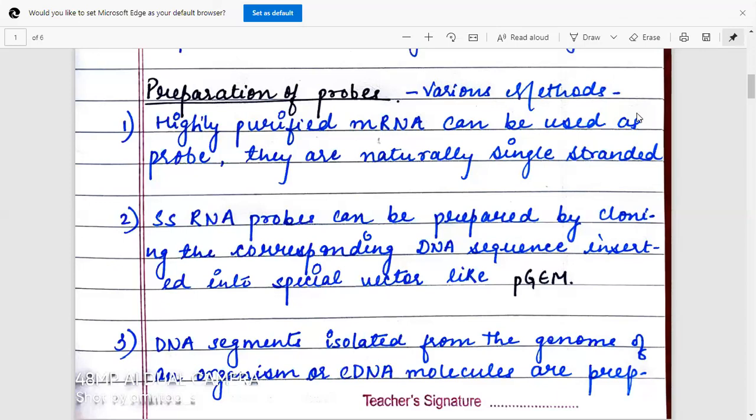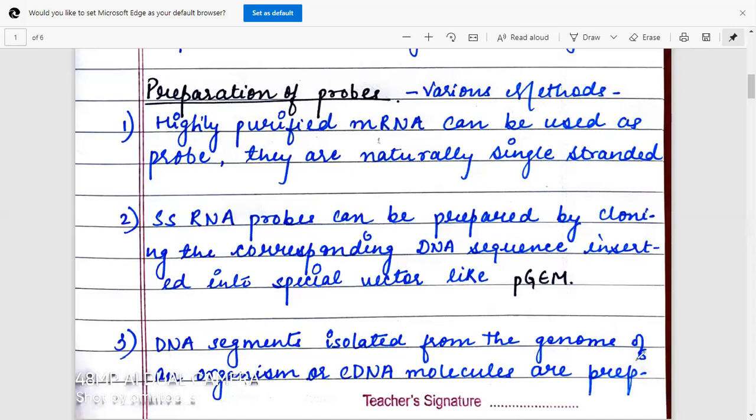They are naturally single stranded, and single stranded probes can also be prepared by cloning the corresponding DNA sequences inserted into special types of vectors like pGEM and the single stranded phage M13, which can also be used for preparing single stranded probes and for DNA sequencing as well.